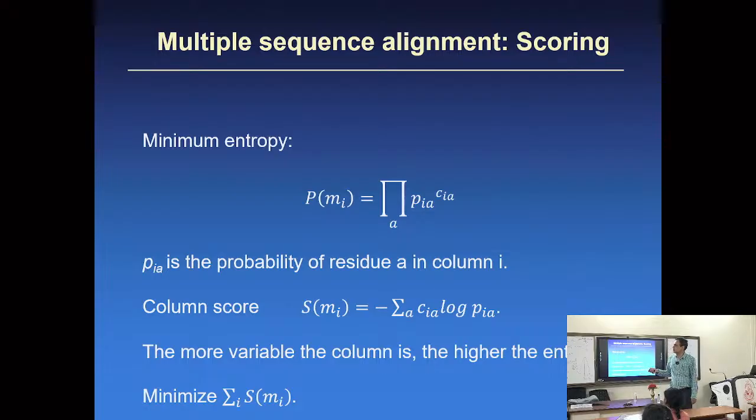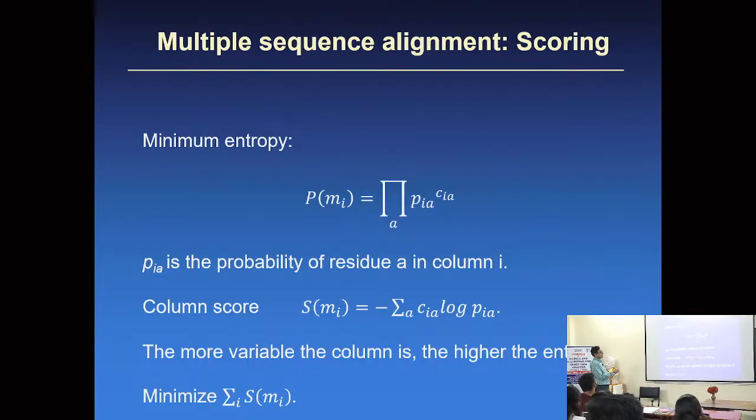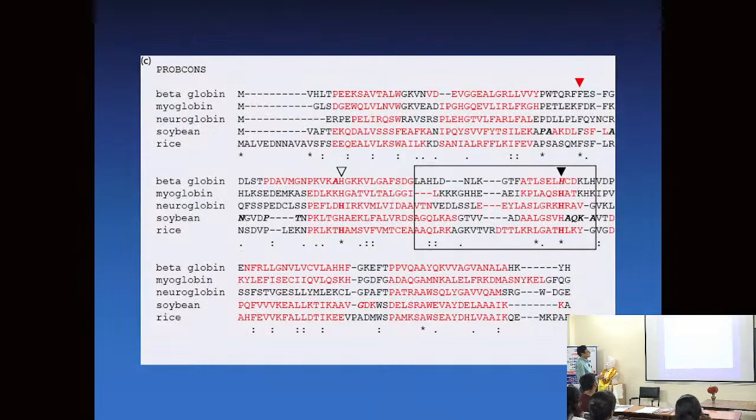Now take the logarithm of this. If you take the log, then the product becomes a sum, and the count comes out front, so it is count times log p, summed. Let's look at a column, this one with the star: P, P, P, P, P. It is 100% conserved, so what is the probability of P?